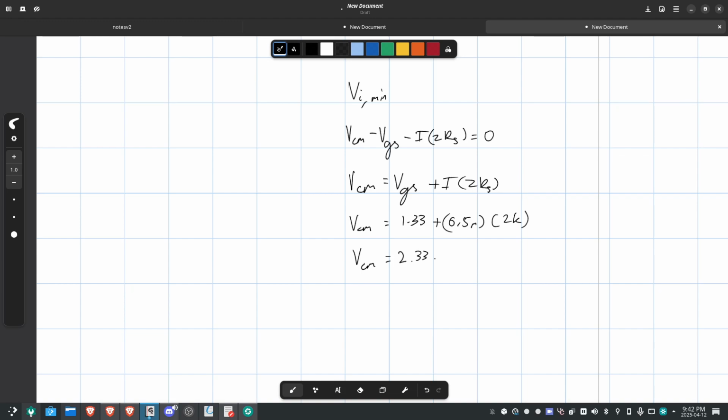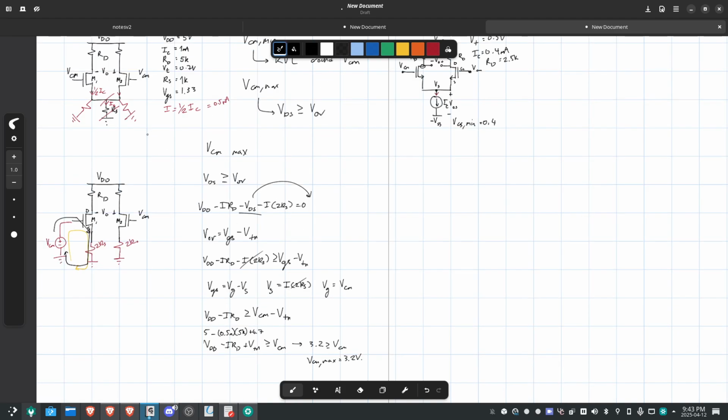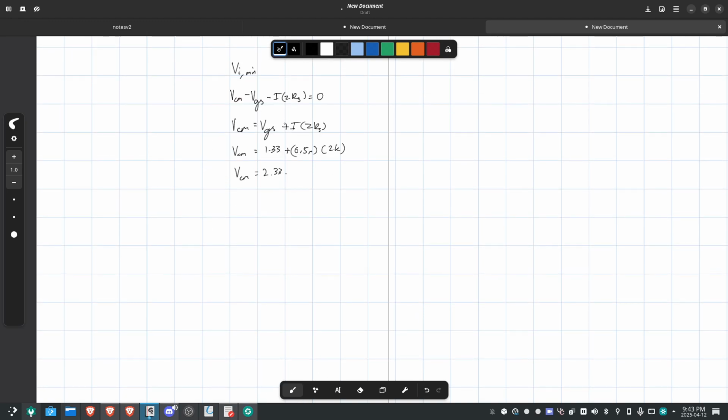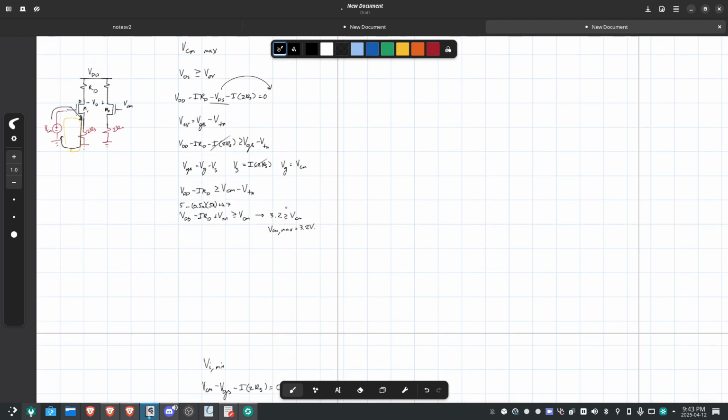And in fact, the first part of this question, that is the answer, right? The first part of this question, the initial question, asked us to find VDC, VCM, so that the whole system works. And I simply found the minimum DC value. That's fine. Okay. So that's an example of the VCM max, VCM minimum.